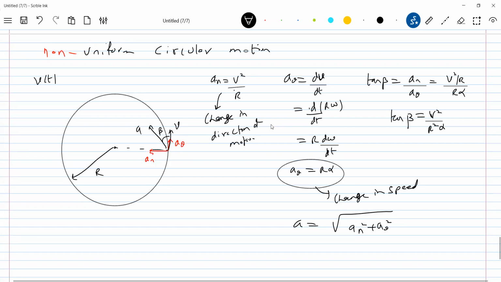So we are going to come across numericals of what kind? Uniform, non-uniform circular motion. Again, in non-uniform circular motion you can put in two parts: alpha constant, alpha variable. If alpha is constant, then again we'll make up a problem. If alpha is constant, it means constant angular acceleration. So what is alpha?